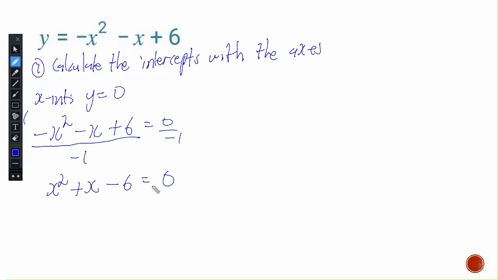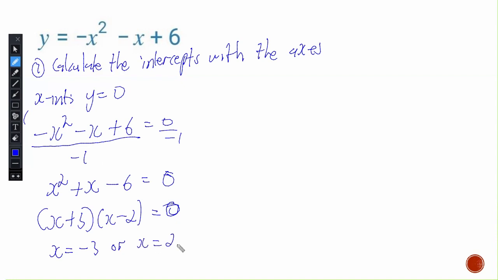Then from here, I can factorize. This is simply (x + 3)(x - 2) = 0. If you can't factorize, you can still use your quadratic formula. So x equals -3 or x equals 2. In coordinate form, that's (-3; 0) and also (2; 0).